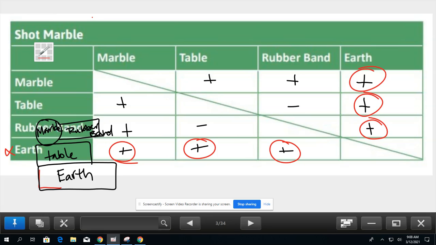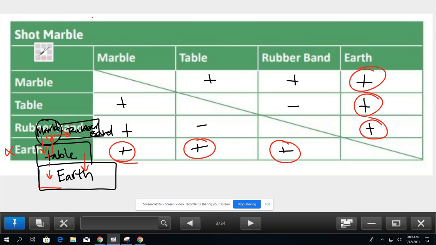We have a contact force between the marble and the table. So marble to table. We also have one from marble to rubber band. And we have a force working at a distance from marble to Earth. There's a contact force between the table and the marble, and between the table and Earth.